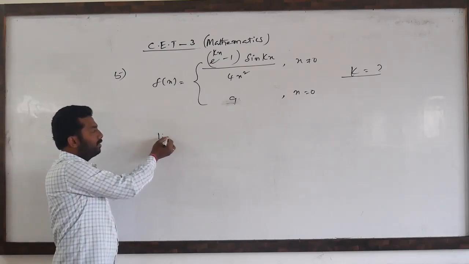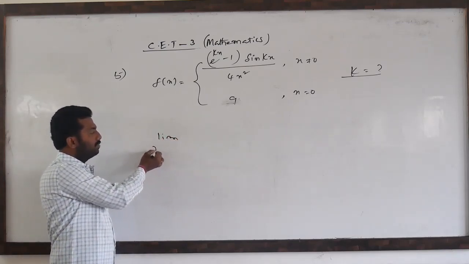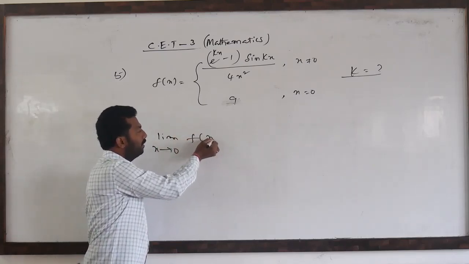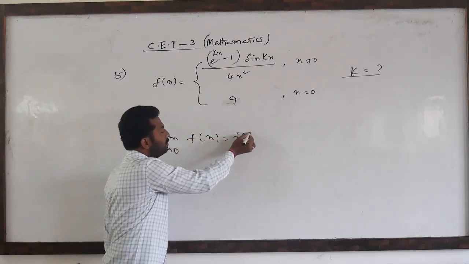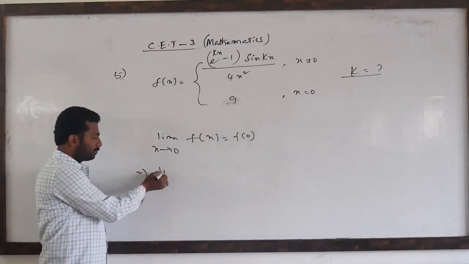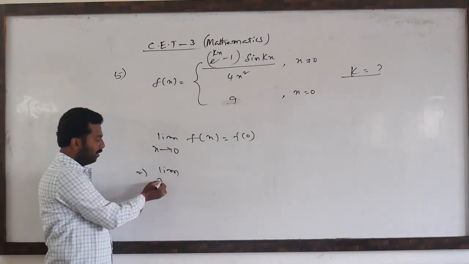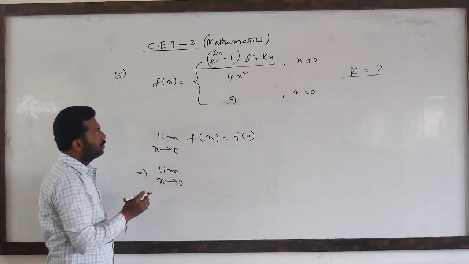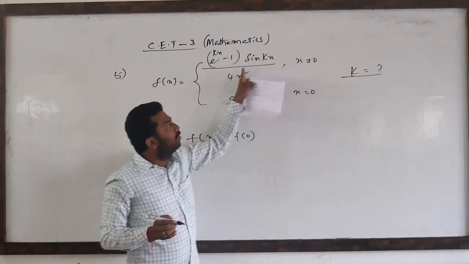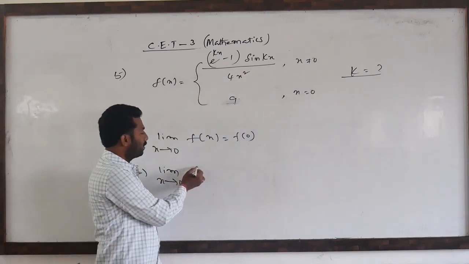This function is continuous at x equal to 0 means the limit as x tends to 0 of f of x equals f of 0. This is the definition. Very clear. As x tends to 0, not exactly 0, what is the f of x value?